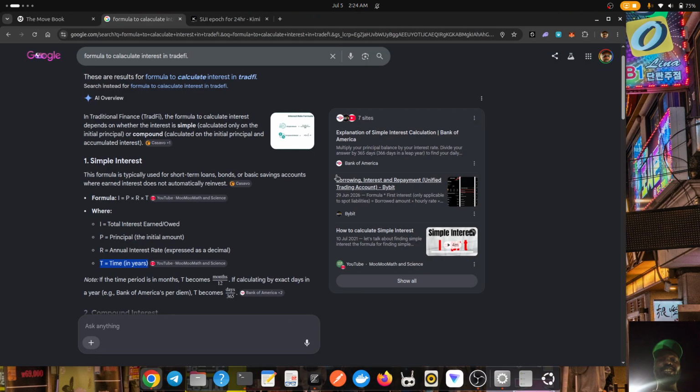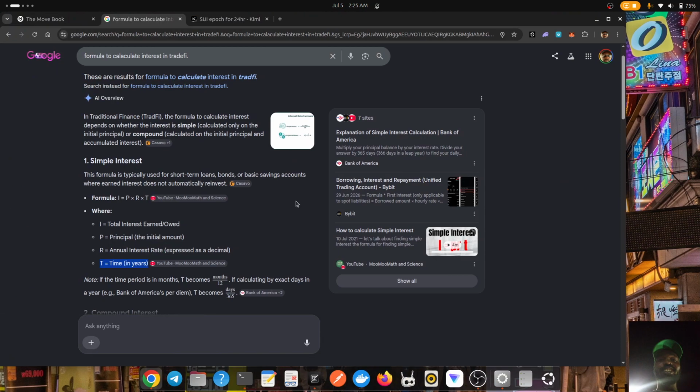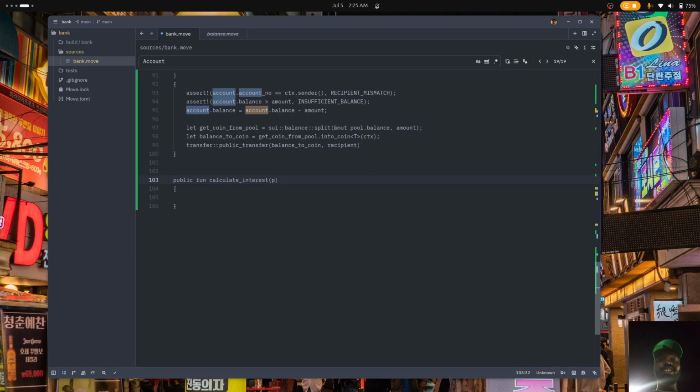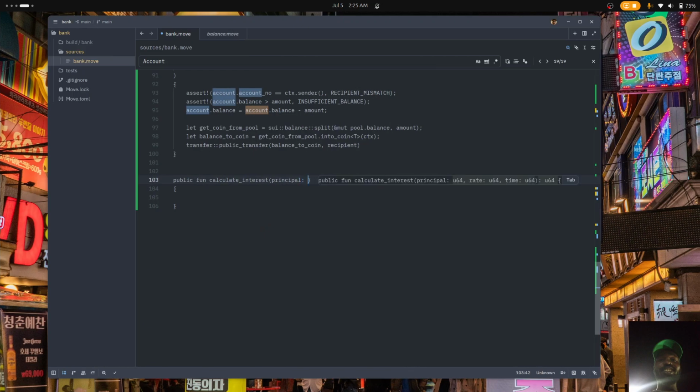So principal, initial, then this is for, calculate it. So instead of, we're going to do a conversion around seconds.